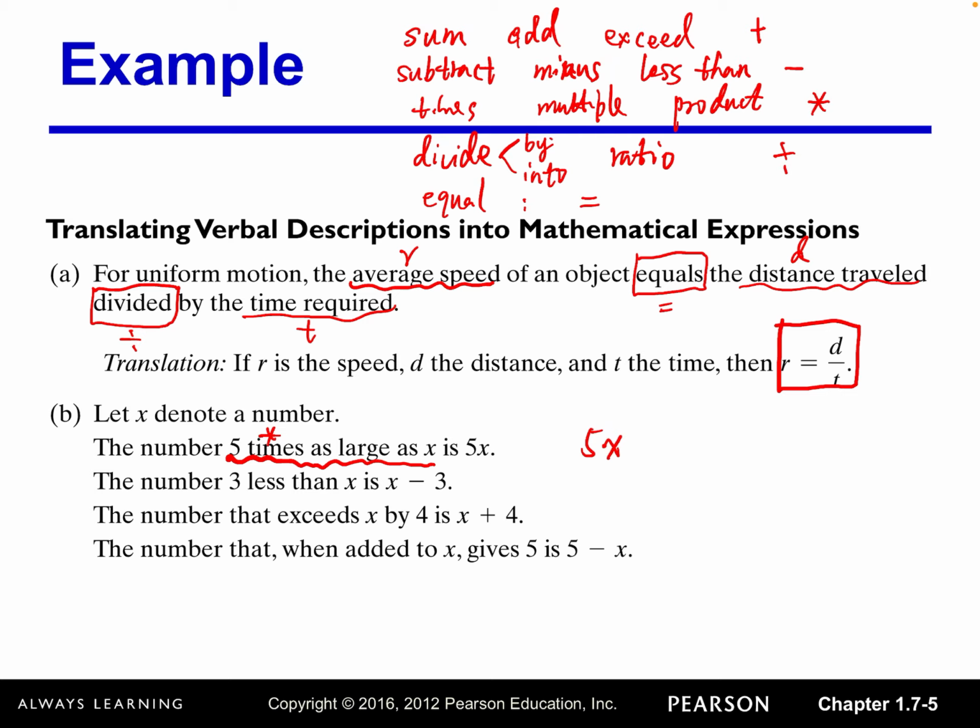The number 3 less than X: the keywords less than indicate subtraction. What subtracts from what? 3 less than X, so it's X minus 3. The number that exceeds X by 4: exceed indicates the operation plus, so we can write X plus 4 or 4 plus X. For addition, you can switch the order.